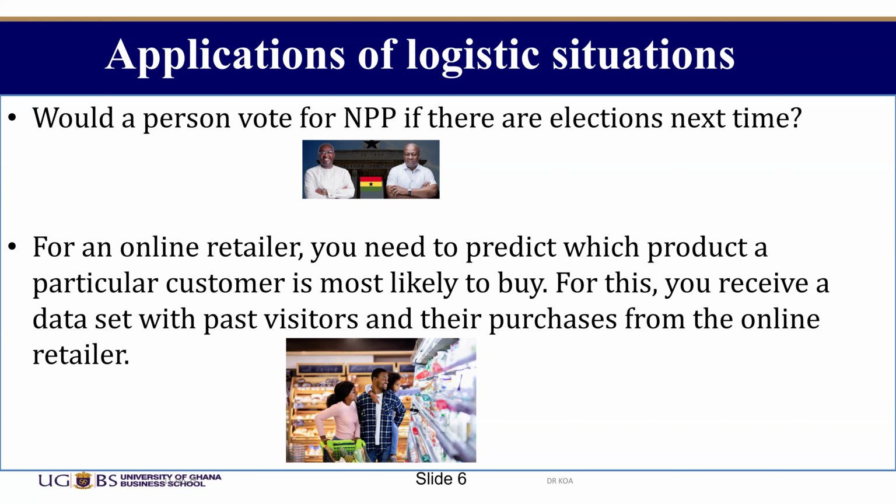So you receive a data set with past visitors to the website, and you also monitor their purchases from the online retailer. Based on that, you'll be able to know what the person is going to buy next, and by tracking the record, you'll be able to make a prediction.